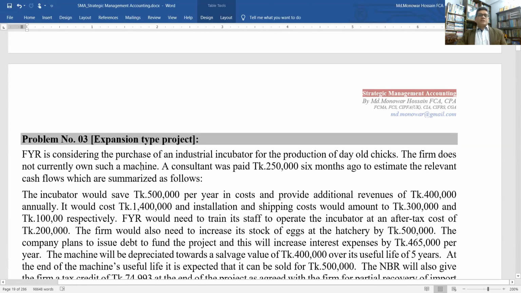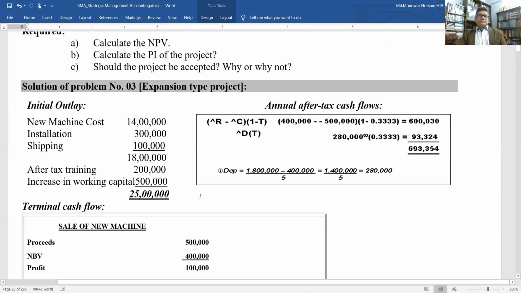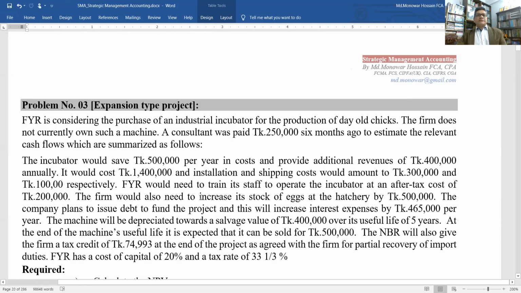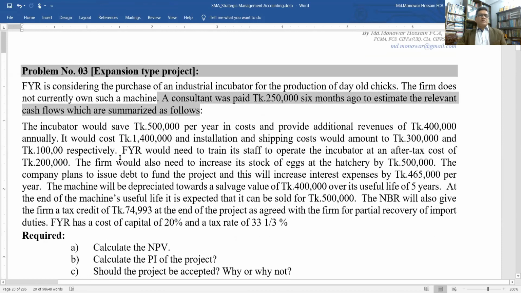Okay, so another one, expansion type of project. Here, I think you have done this math a lot of times. The firm is considering the purchase of an industrial machine. The firm does not currently own the machine. A consultant was paid 56 months ago, estimated relevant cash flow, which is summarized below.